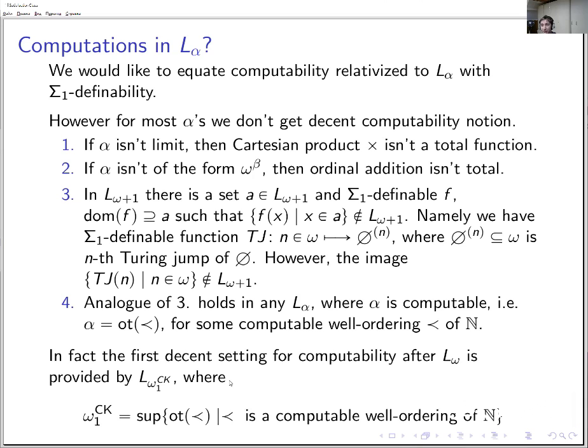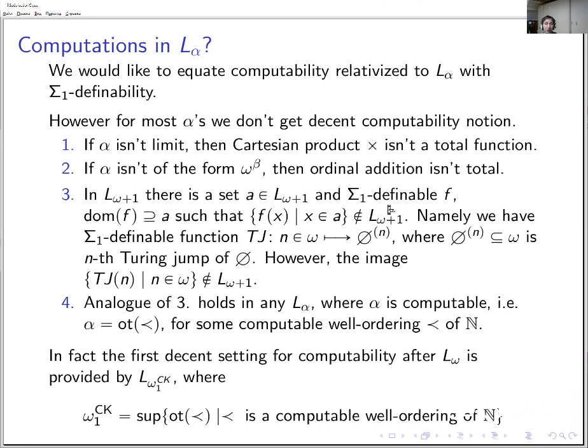And what is more important, if you have a sigma 1 definable function defined on a certain set, then the full image of the set under this function will be an element of your L omega 1 Church-Kleene. It's actually not exactly a trivial fact, but it's true.